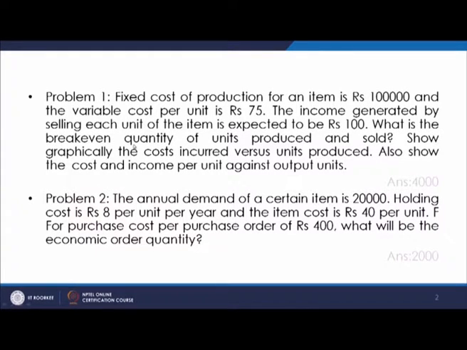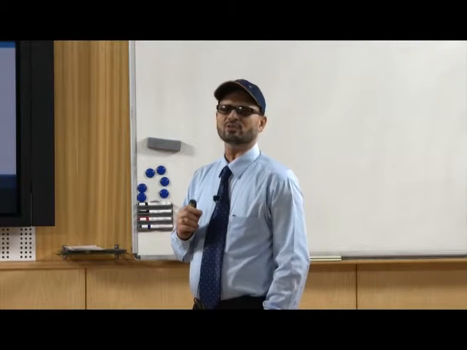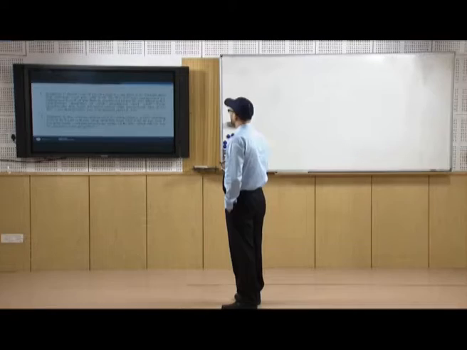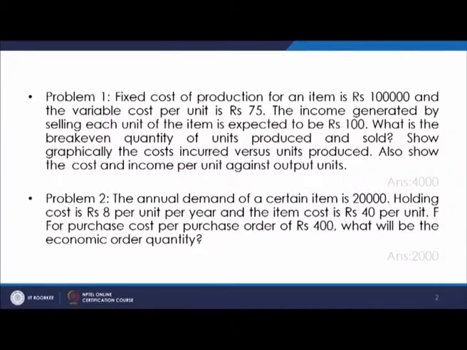What is the break even quantity of units produced and sold? So, we have to find the break even quantity at which there is no profit, no loss, the quantity which is produced and sold. Also, we have to show graphically the cost incurred versus the units produced, and further the cost and income per unit against output. So, let us solve this question.